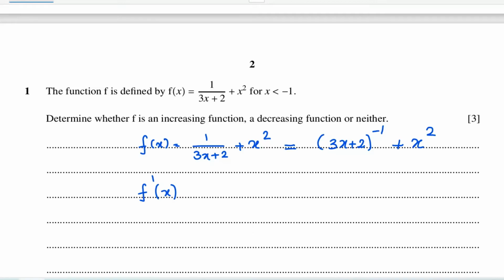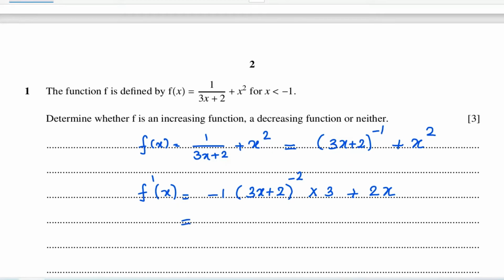So now let us write the derivative. F dash of x equal to, the power is -1, so we'll write -1 multiplied by 3x plus 2 the whole power -2, and the coefficient of x is 3, plus x square can be written as 2x.